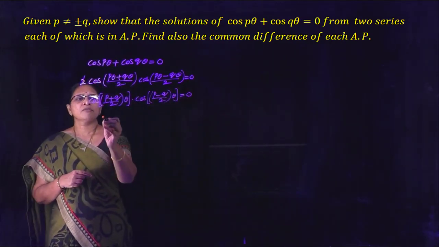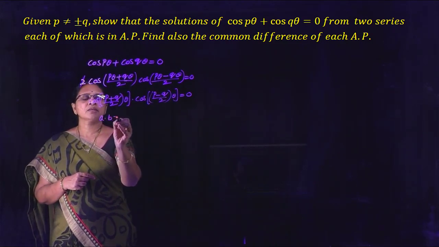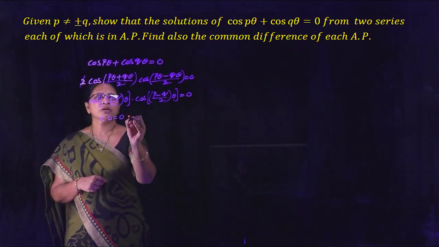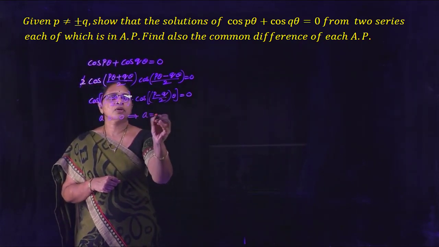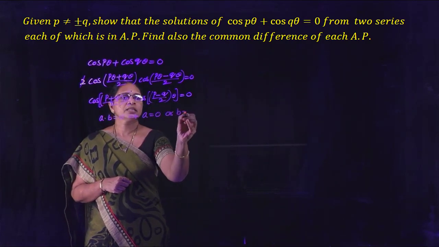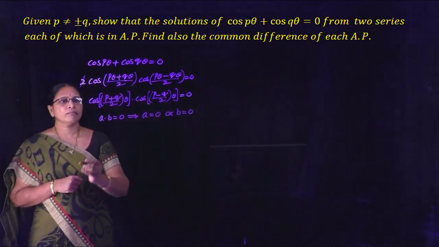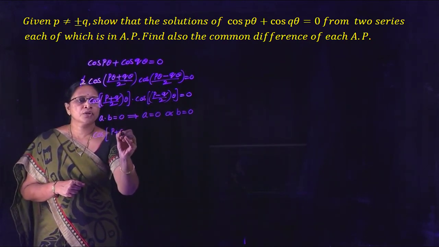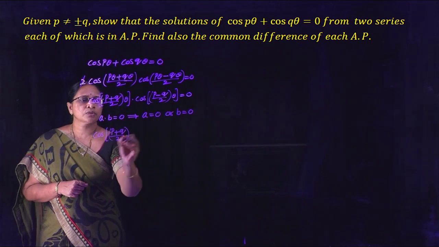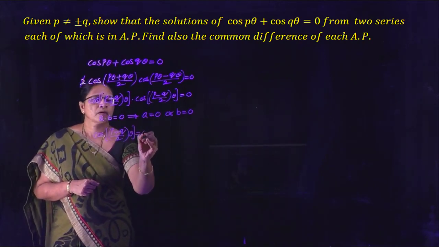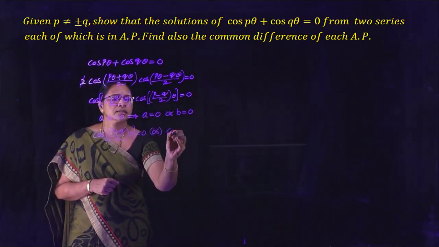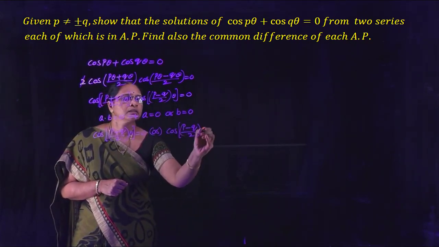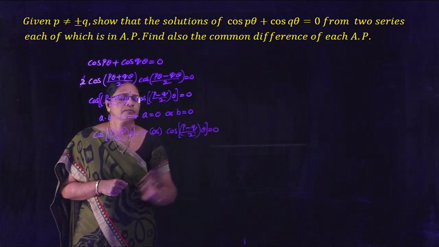Here it is in the form of a into b is equal to 0. We know that a into b equal to 0, then either a is equal to 0 or b is equal to 0. In this case, cos p plus q by 2 theta equal to 0 or cos p minus q by 2 theta is equal to 0.